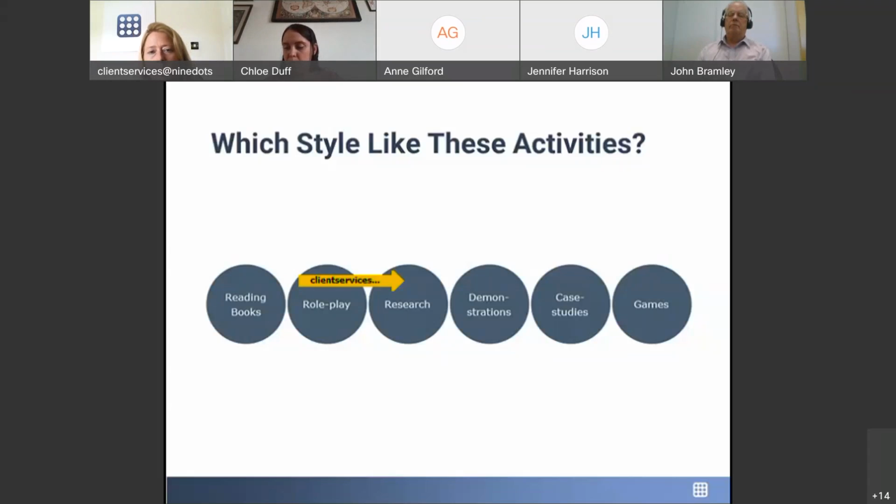Demonstrations then. Yeah, absolutely. The reflector will like to see how it's done, but also the activist and the pragmatist as well, to a certain point, will see, okay, well, you've told me the theory, but let's see it in real life then. And the case studies.